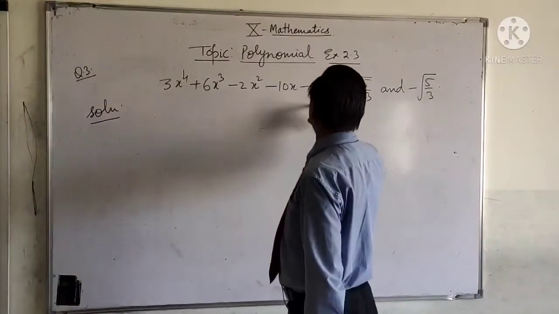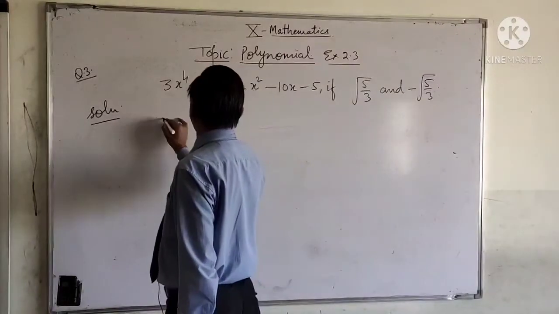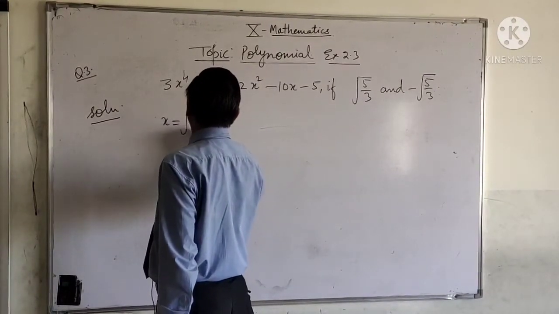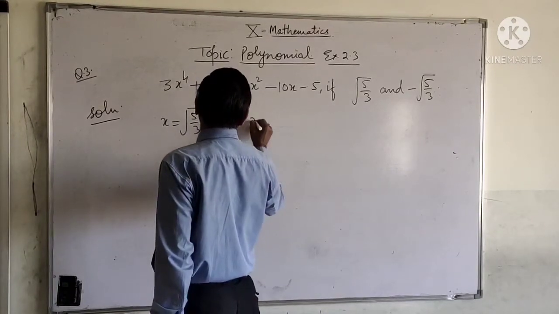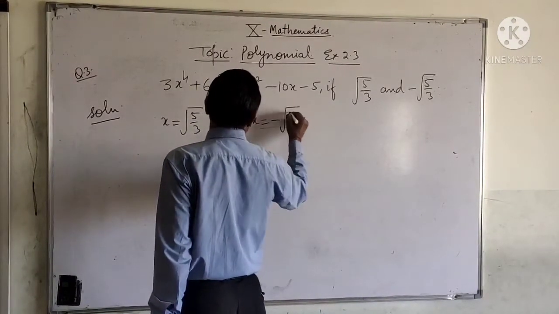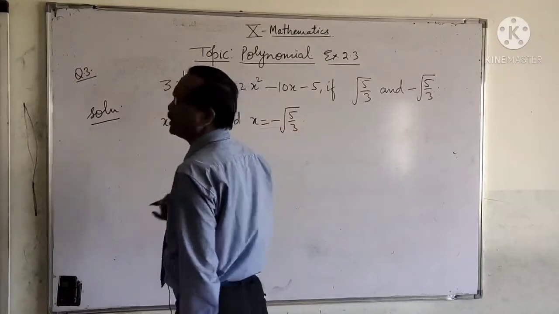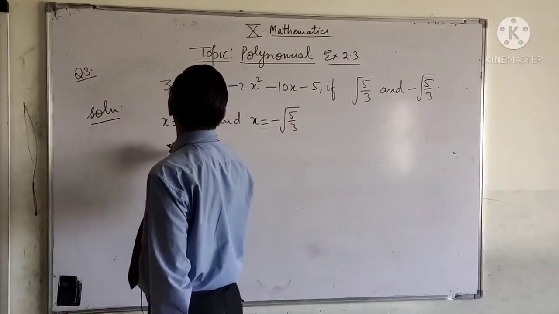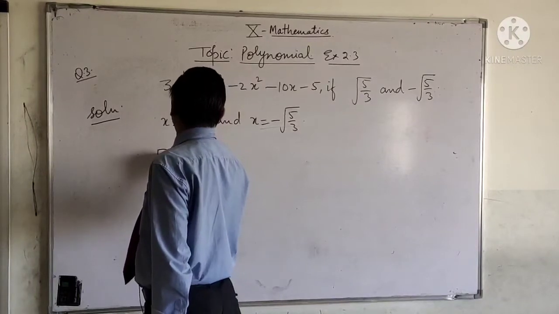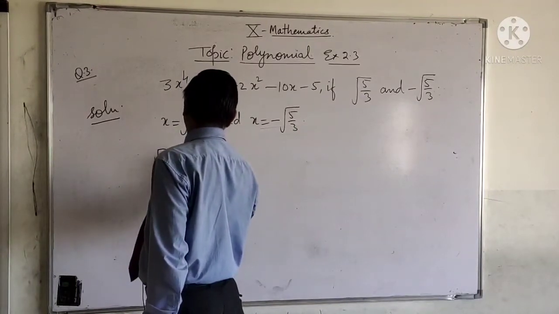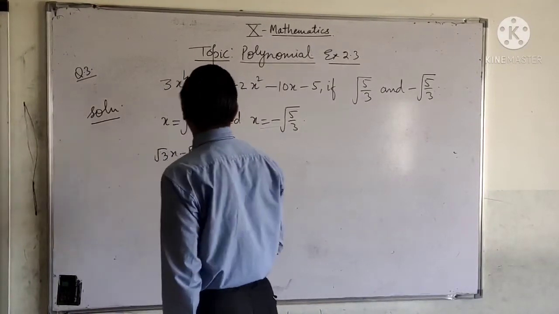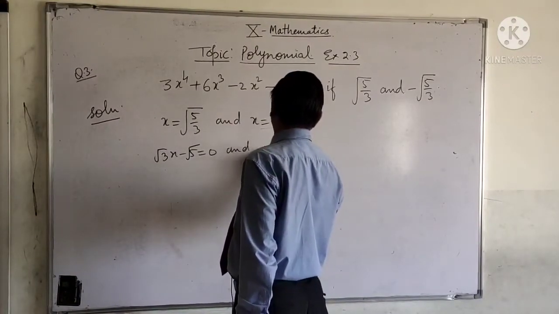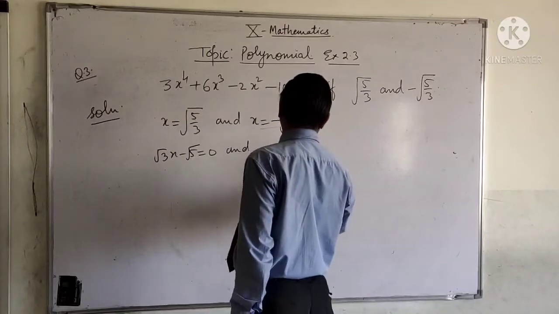Since the 2 zeros given are x = root 5 upon 3 and x = minus root 5 upon 3, we get root 3x - root 5 = 0 and root 3x + root 5 = 0.